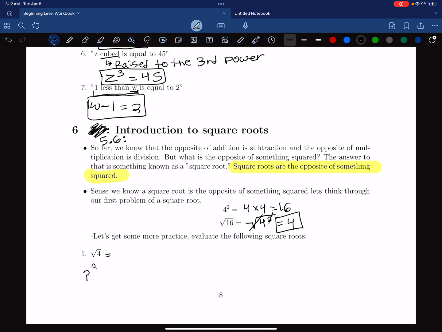Here, let me write this. What number squared equals 4? If you're thinking 2 squared equals 4, you are correct. Since 2 squared equals 4, the square root of 4 is 2.